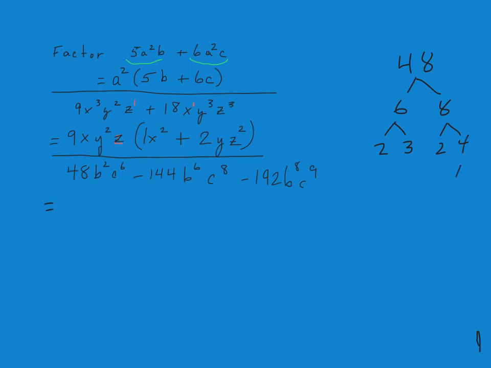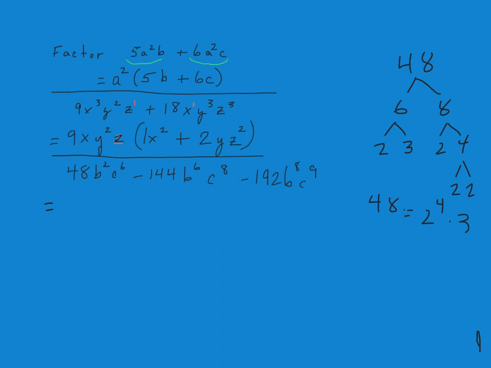And the 4 will break further down into 2 times 2. So 48 could be thought of as 2 to the 4th power times 3. We have 4 factors of 2 and 1 factor of 3.